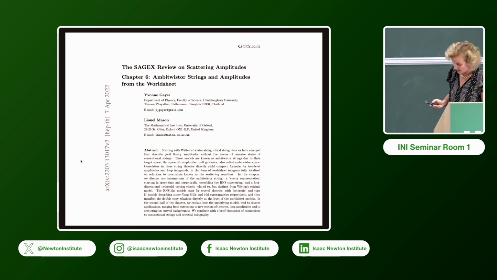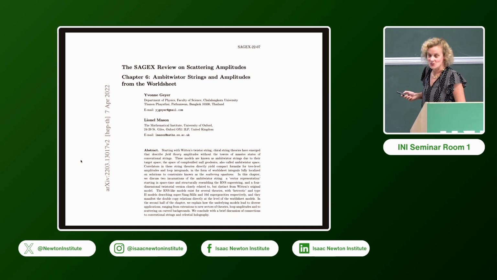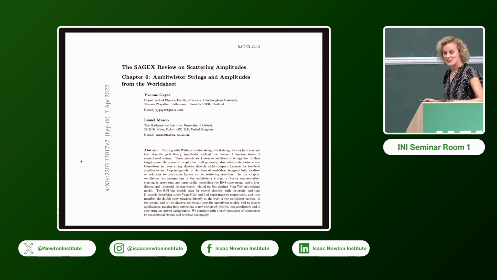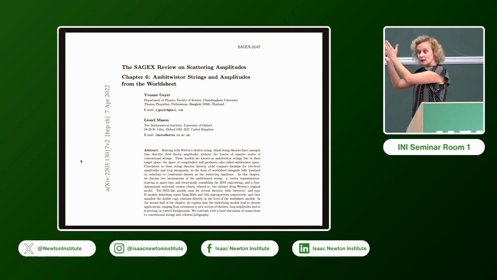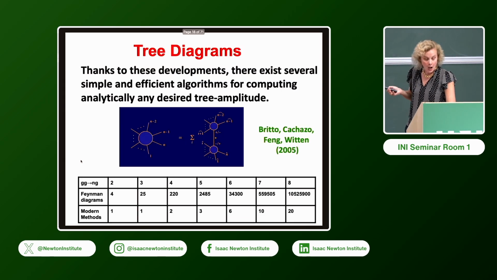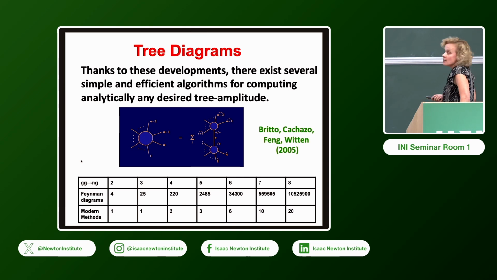You can find a nice review of all the various ambitwistor strings, though there are some others, not as recent. So there was a parallel development, and various twistor strings were constructed. But in this talk, I'll focus on what we learn from the amplitudes.